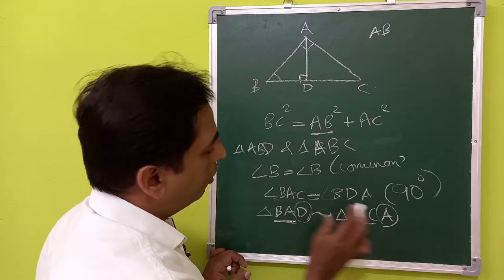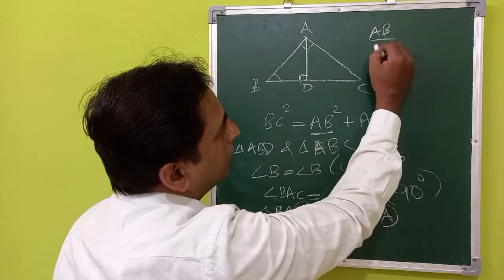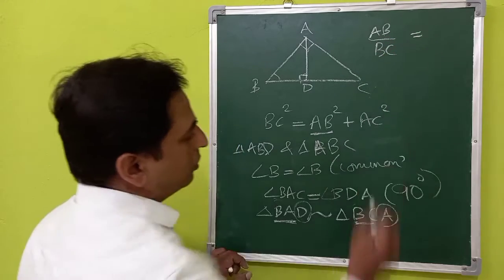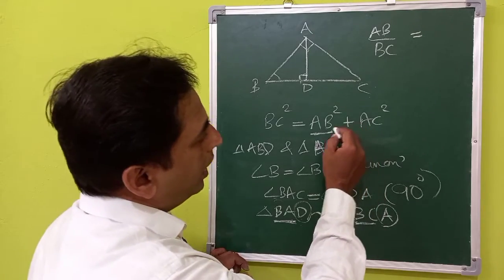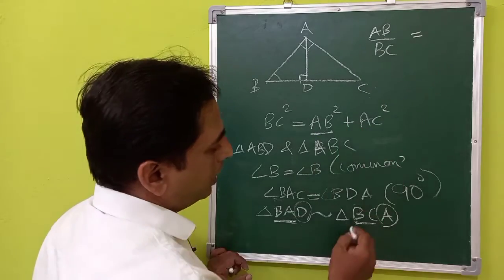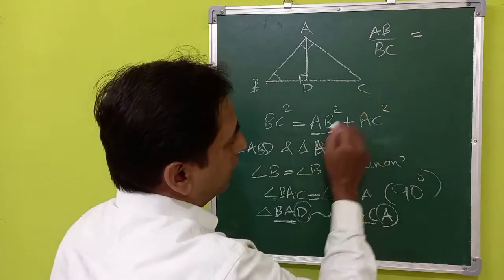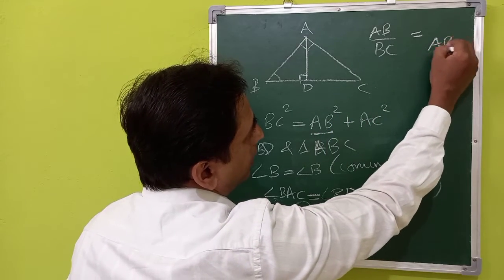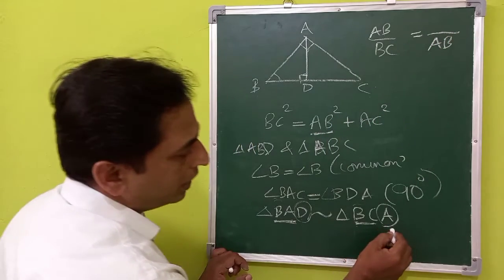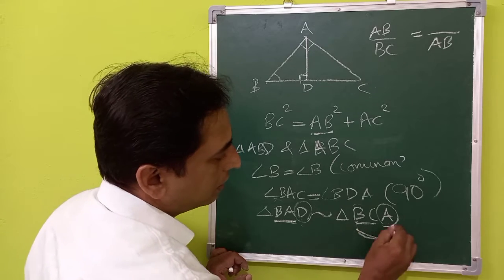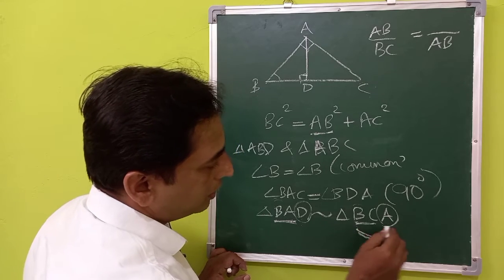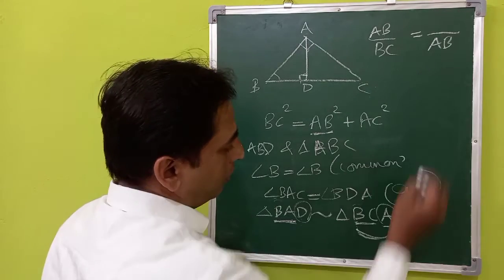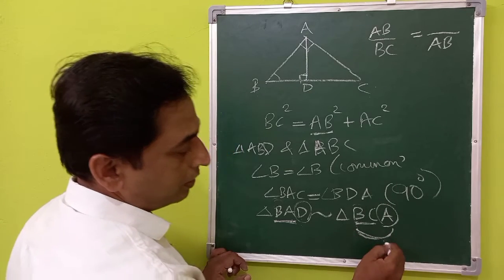So BA or AB by BC will be equal to, so here we need AB twice, so that means we will take AB again here. So we need AB square. So let us put AB here. That means we need to get AB from this triangle. So AB we have taken from this triangle.